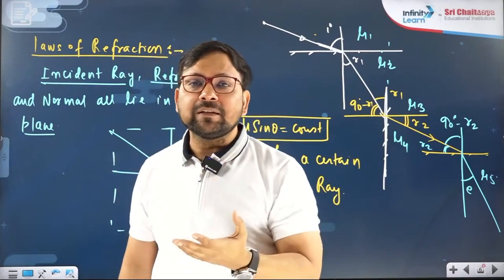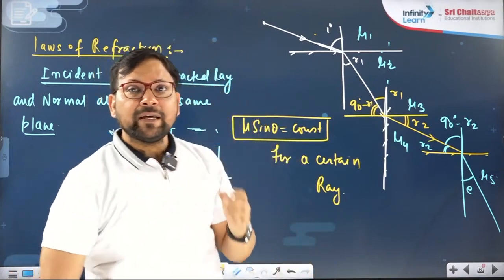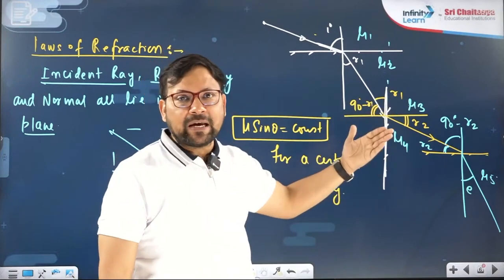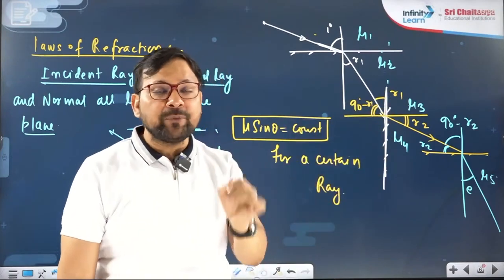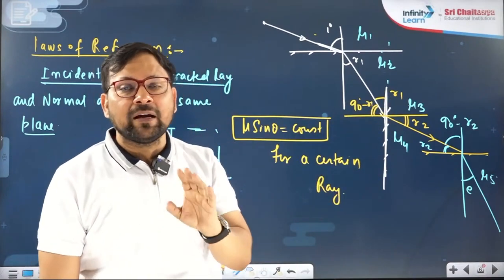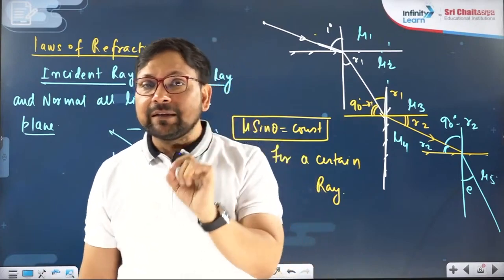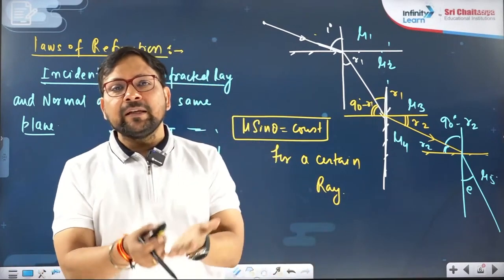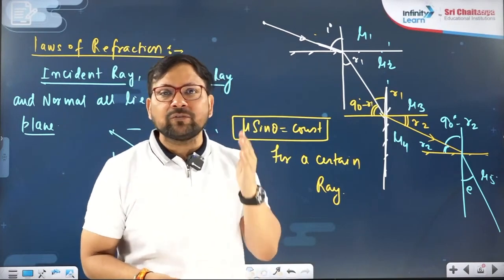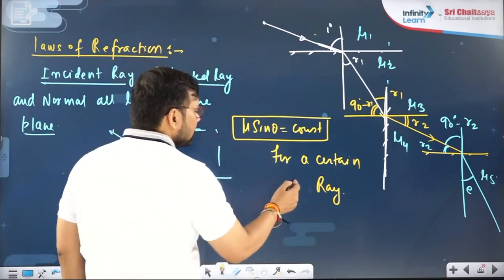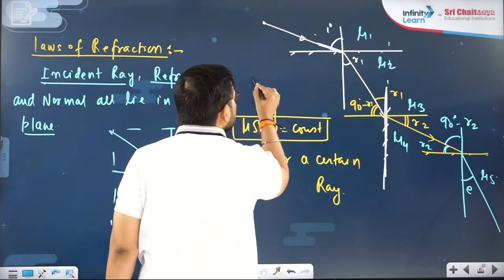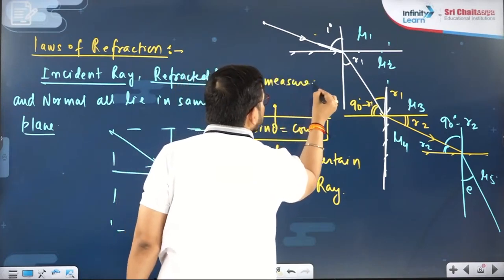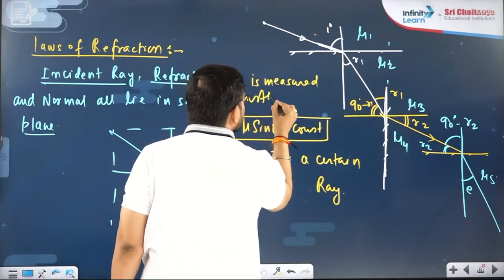But that's not exactly Snell's law. Snell's law is for one particular light ray: no matter how many times it gets refracted, at any point the product of mu and sin theta will have a constant value. That theta is always measured with the normal, which is obvious. In reflection also we measure the angle of light with the normal.